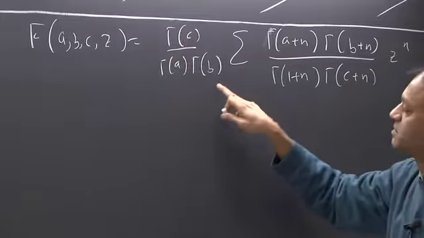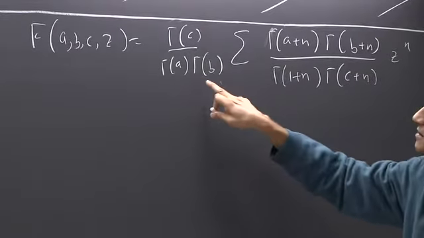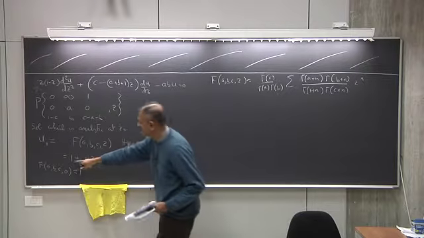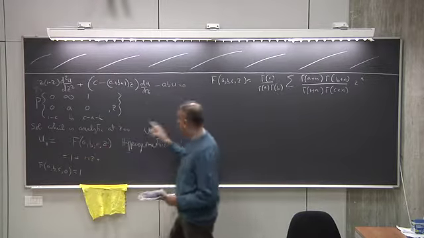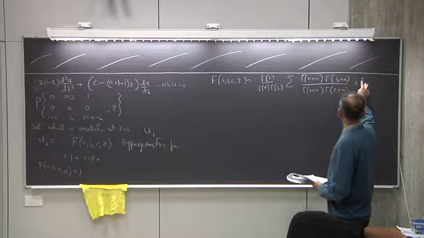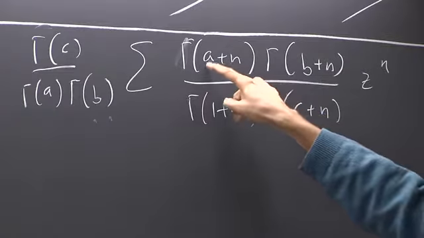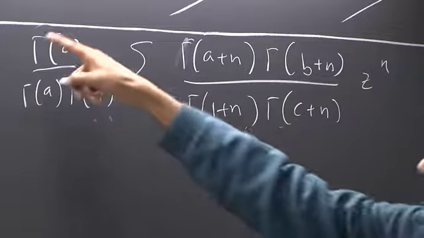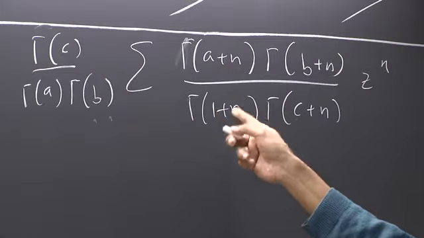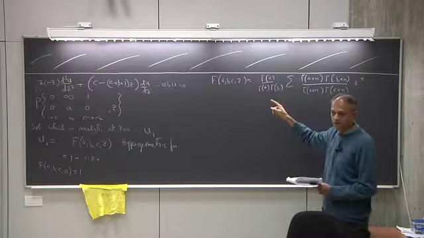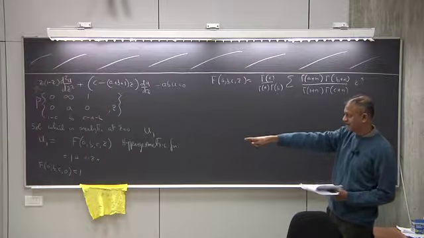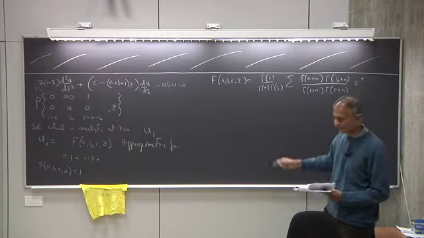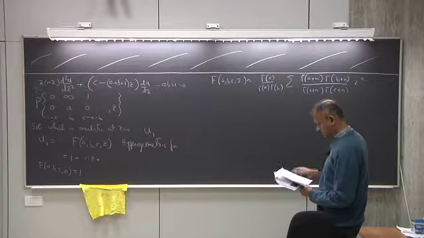The constant is precisely designed to make the coefficient equal to 1, because for n equal to 0, the z to the 0 term comes with gamma a, gamma b divided by gamma c, so all that cancels, and gamma 1 is 1. So this is just done to make sure that F(a, b, c, 0) is 1. That's the only reason.